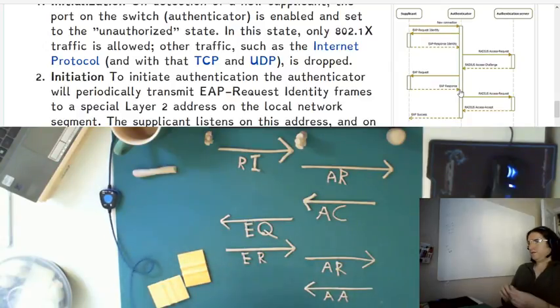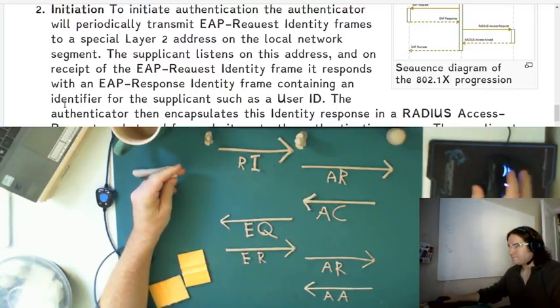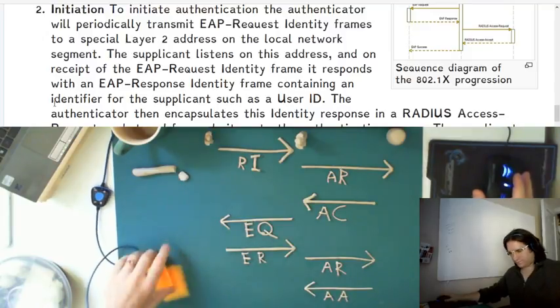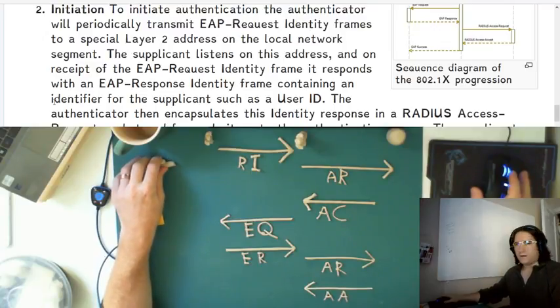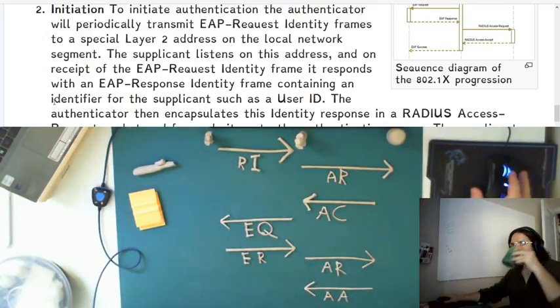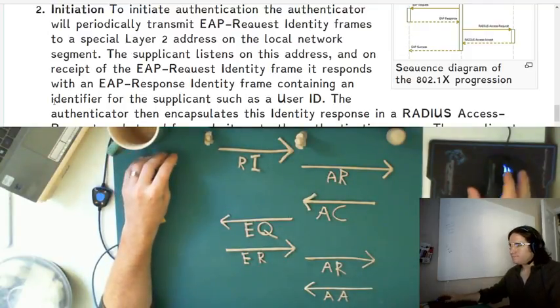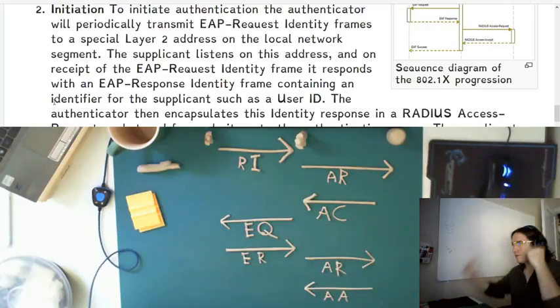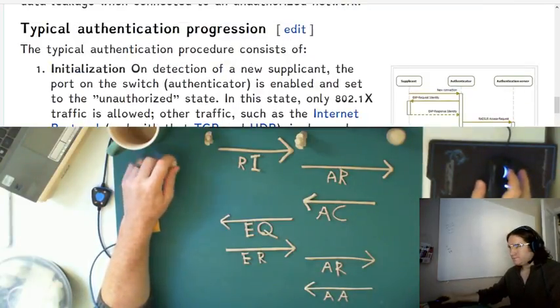Okay, so this is an EAP, an 802.1x authentication process.